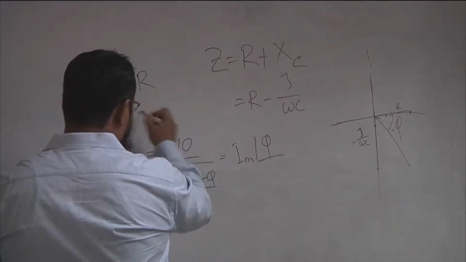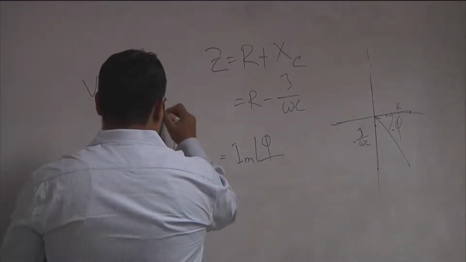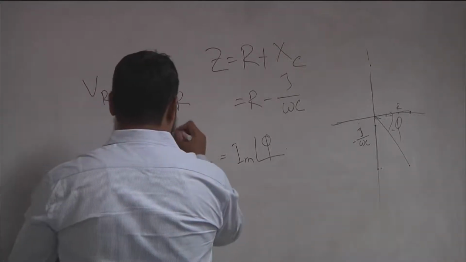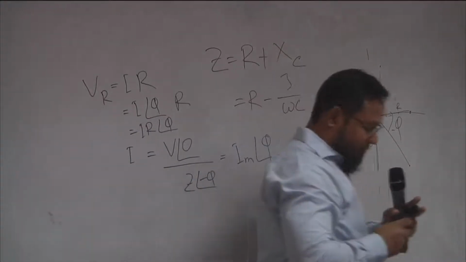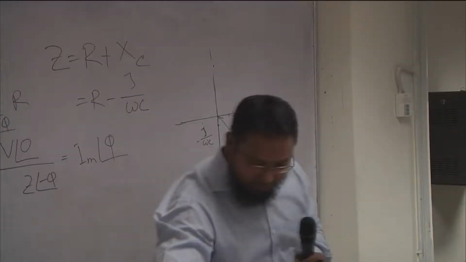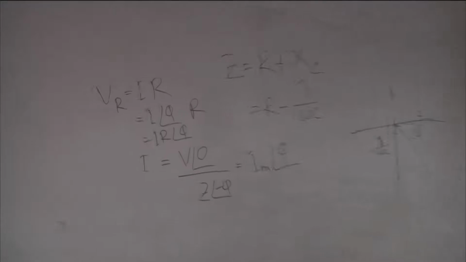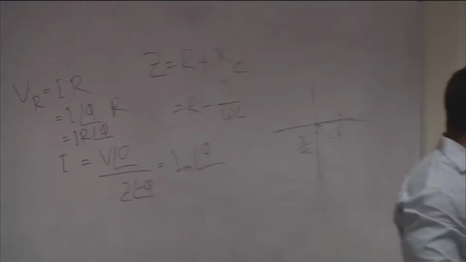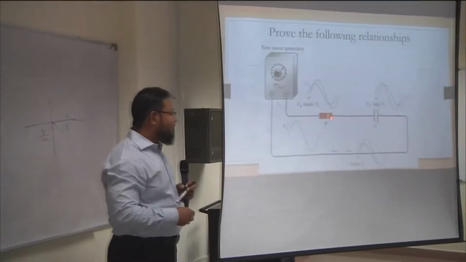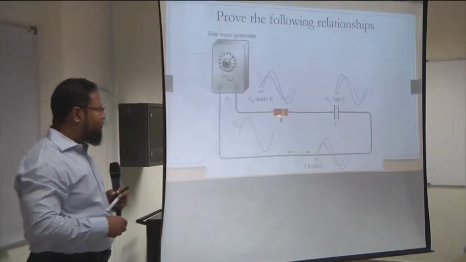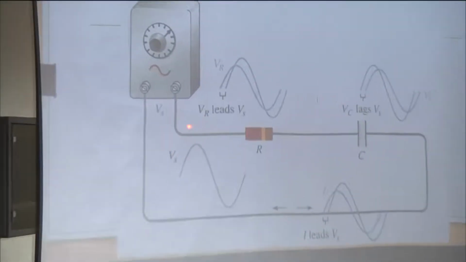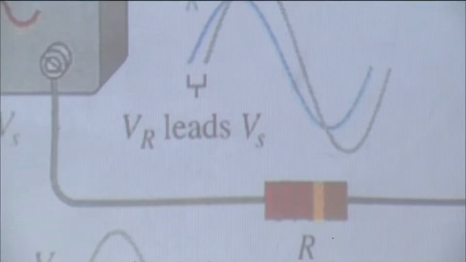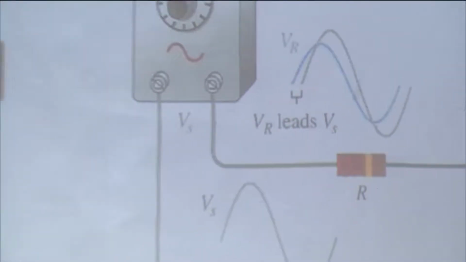I is equal to Im with an angle of phi, and R is just a real number, so basically IR with an angle of phi, because the current through this resistor and the voltage across it are in phase. And we already know that the current through the resistor is leading the source voltage, and that's why VR leads Vs by an angle of phi.